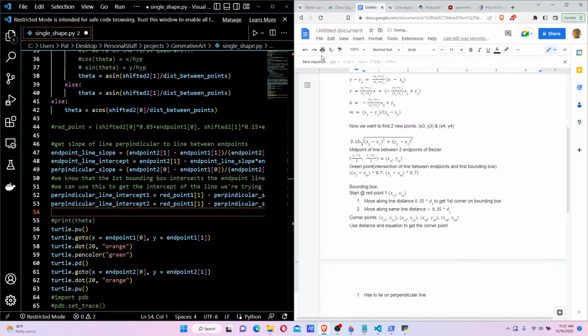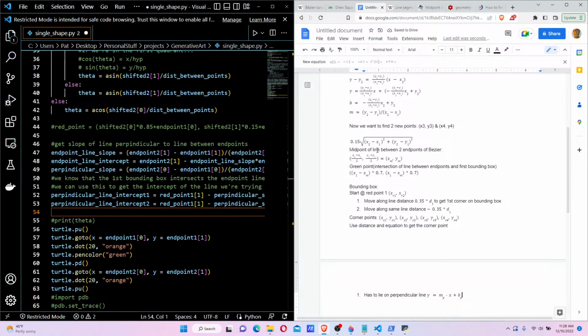And I guess we could just say that that line looks like y is equal to the slope of the perpendicular line times whatever the x is, and then add in the b value, b of the perpendicular line.